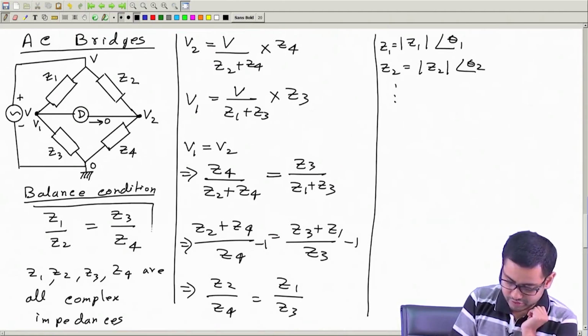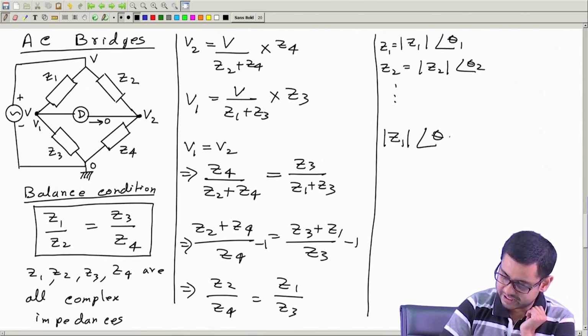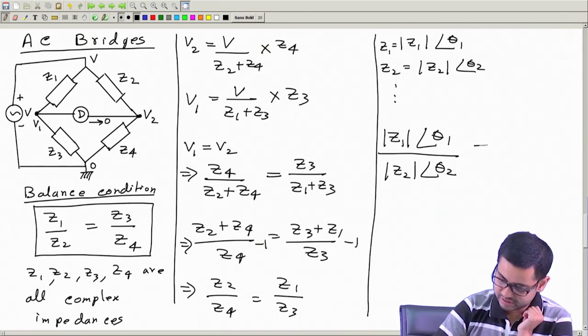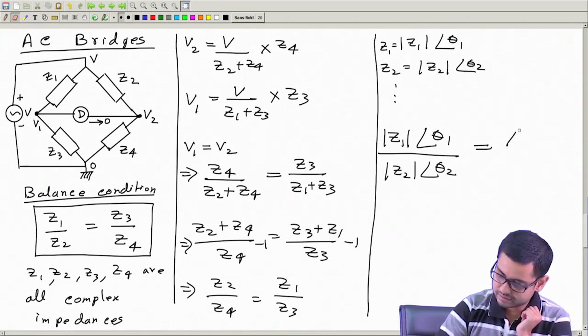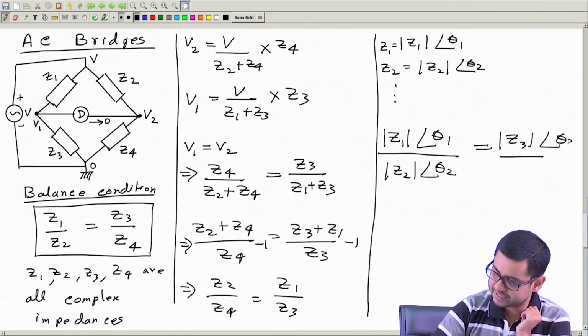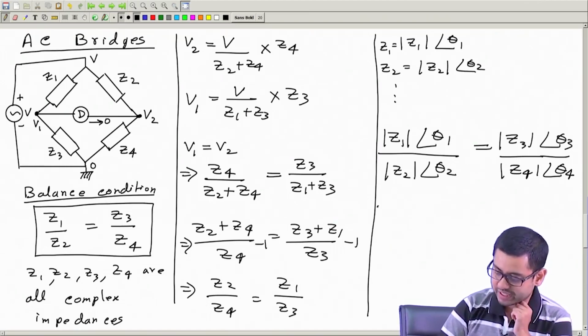Therefore, we can put these values in this balance equation and write Z1 magnitude with the angle theta 1 divided by Z2 magnitude with the angle theta 2 same as Z3 magnitude with angle theta 3, and so on.